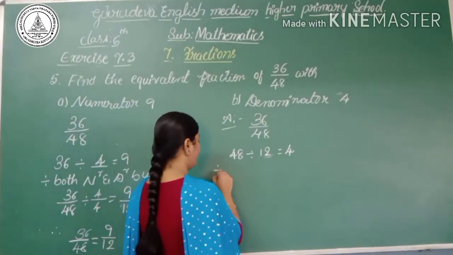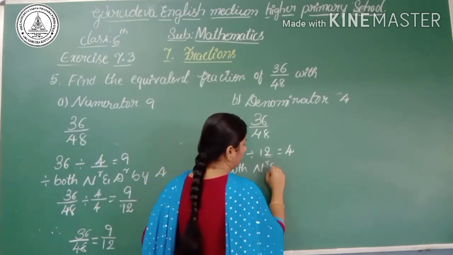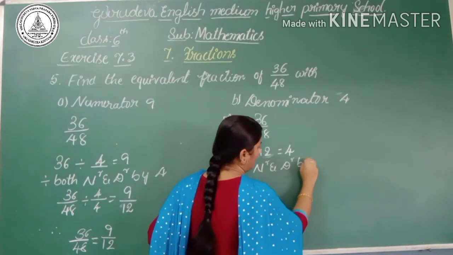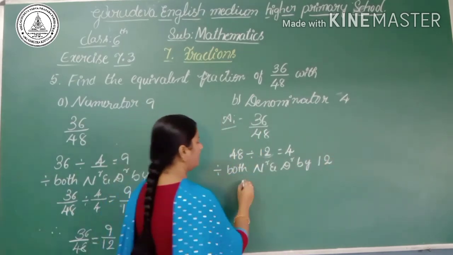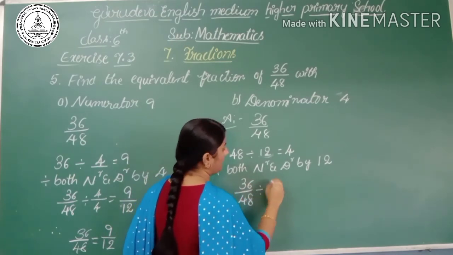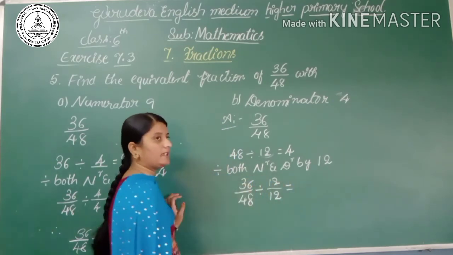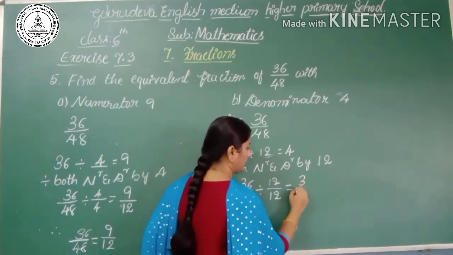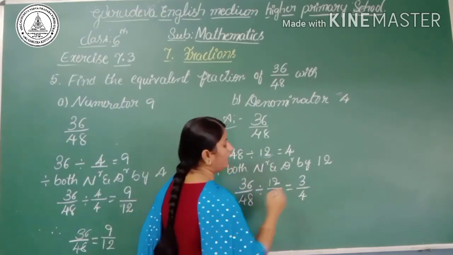So we have to divide both numerator and denominator by 12. Now divide here: 36 by 48 divided by 12. 12 times how much is 36? 12 3s are 36. 12 times how much is 48? 12 4s are 48.